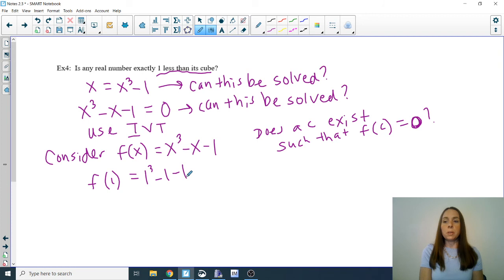f of 1. So we just picked an x-coordinate, f of 1, and it does not get us 0. If you think about it, 1 cubed minus 1 is 0, but then minus 1 again is negative 1. But it actually does something useful for us. It gets us a value that is less than 0. And so that's a good starting point.